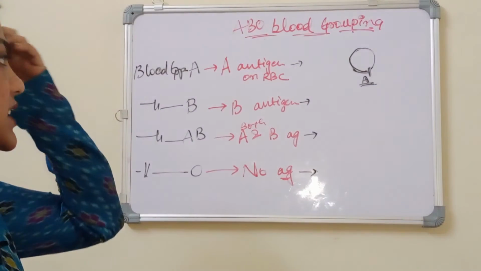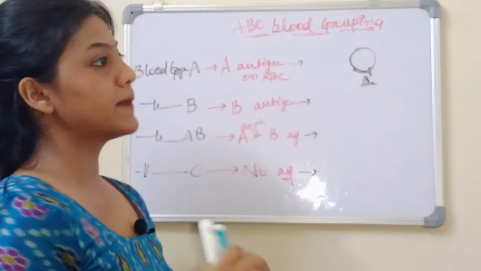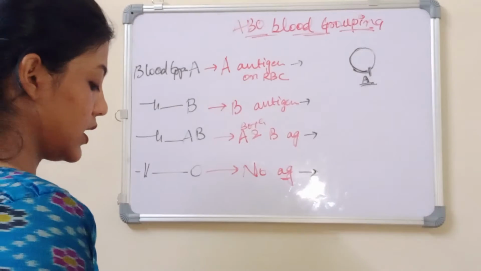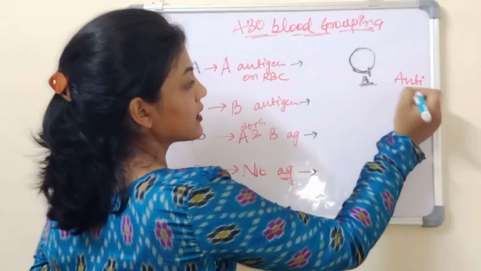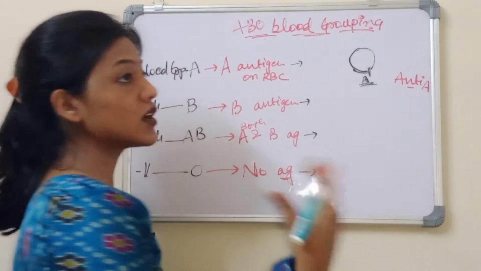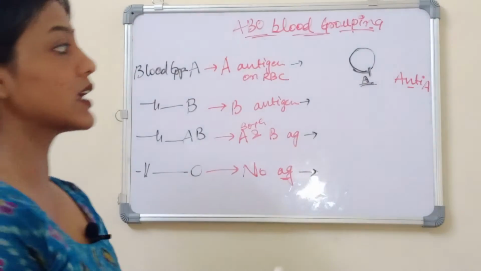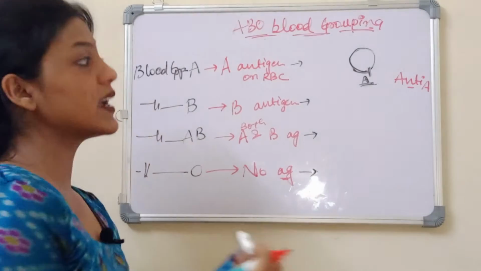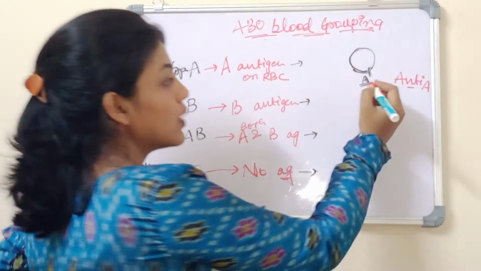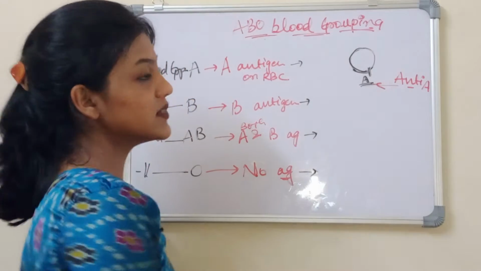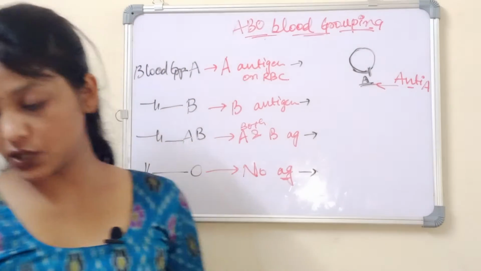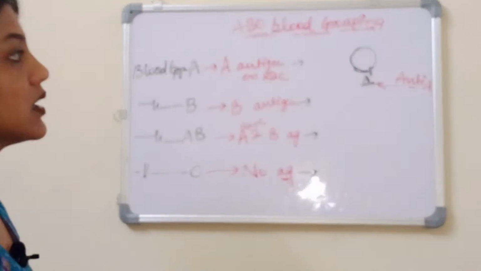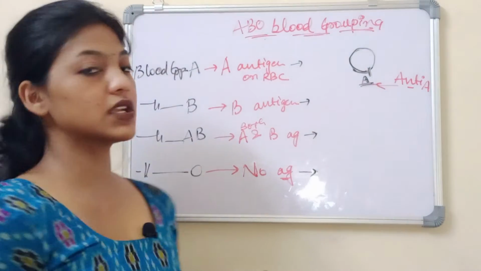Now, what kind of antibody will it have in its blood plasma? If it has anti-A antibody, anti-A means against the antigen A. If an antibody is there against the antigen A, what will happen? It will bind to this, it will agglutinate, and there will be clumping of the RBCs. Due to that, anemia will occur and the person will eventually die.